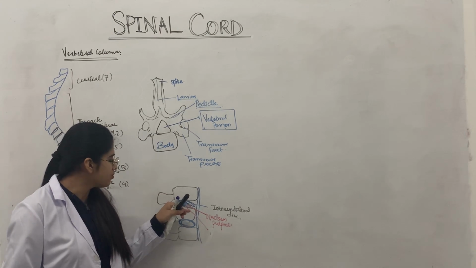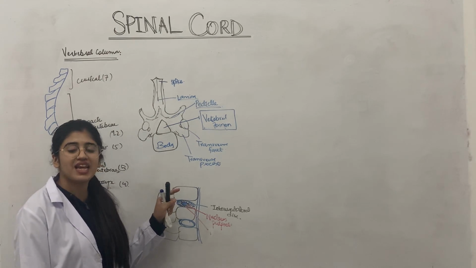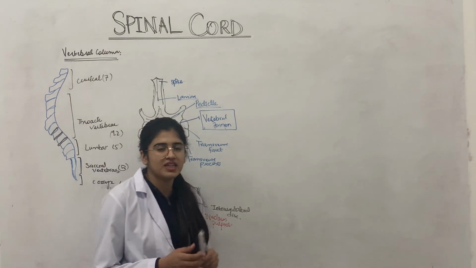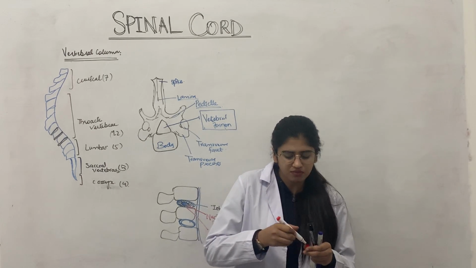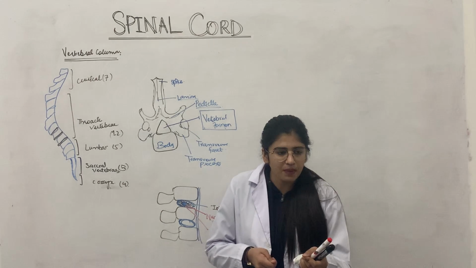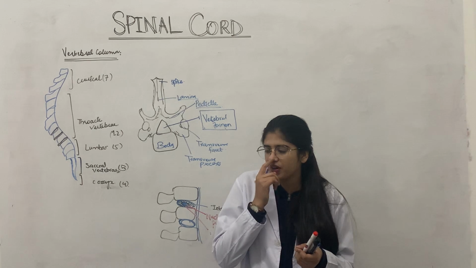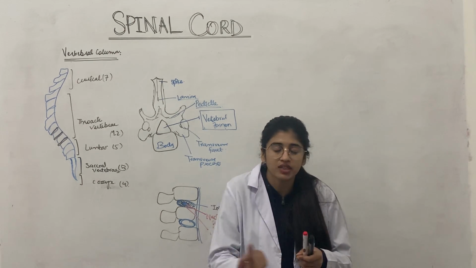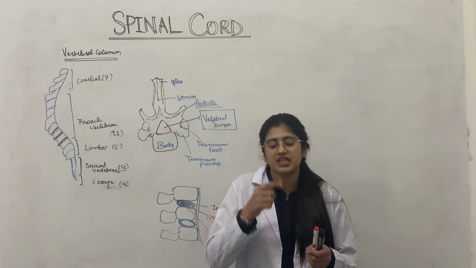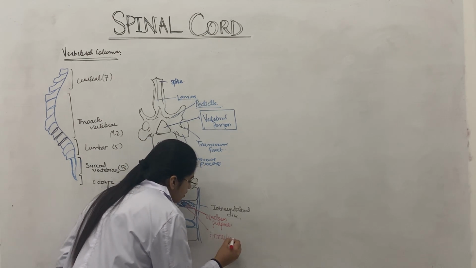It is just like toothpaste: when you press the toothpaste and the liquid or semi-solid comes out, that is like the nucleus pulposus, and the surrounding tube is the annulus fibrosus. That is what we call the annulus fibrosus.